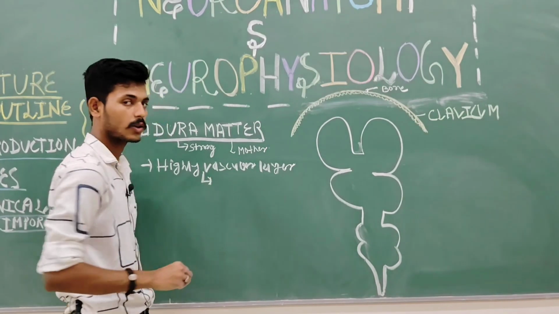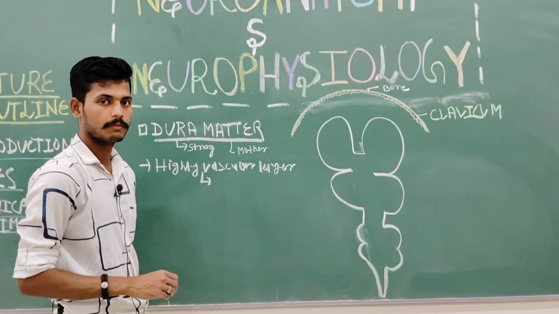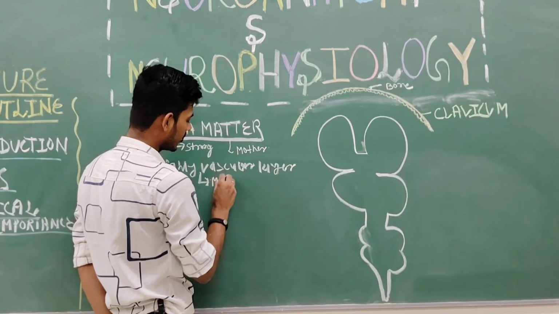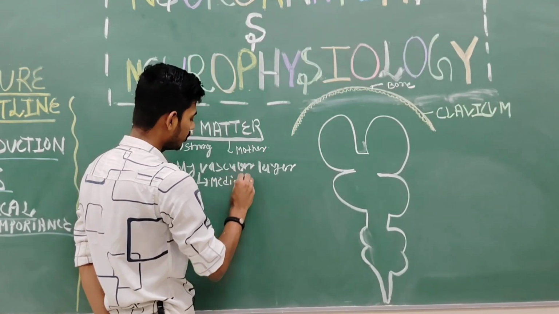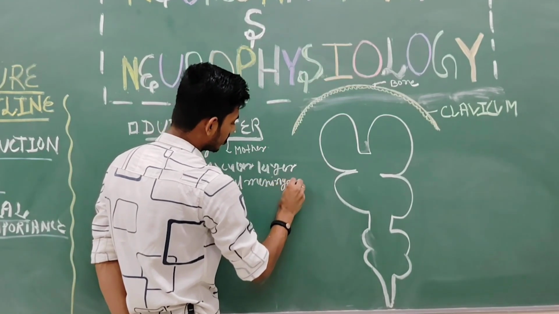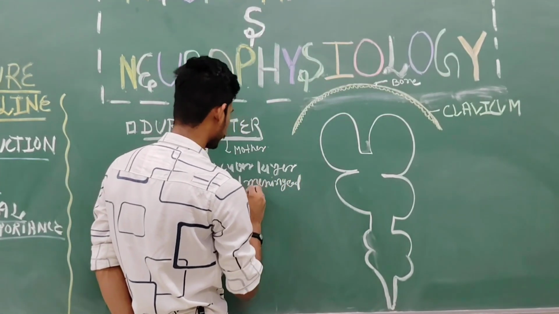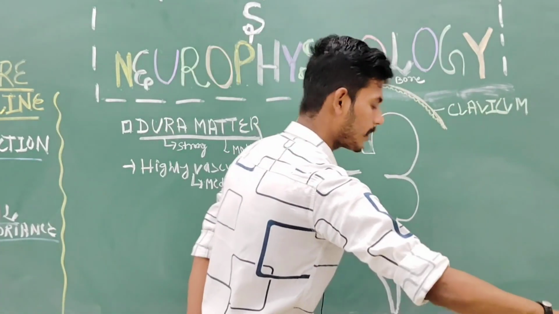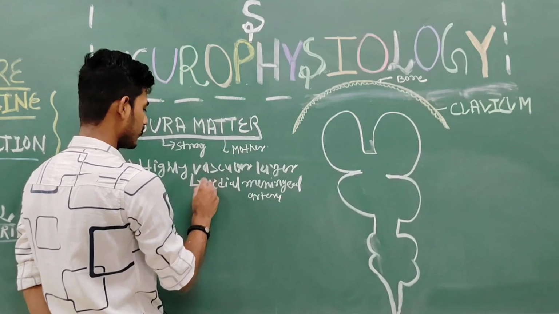You just write it down. It's called the middle meningeal artery. Put a star mark on it.